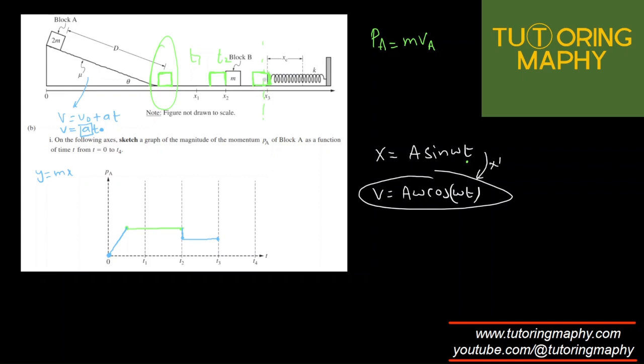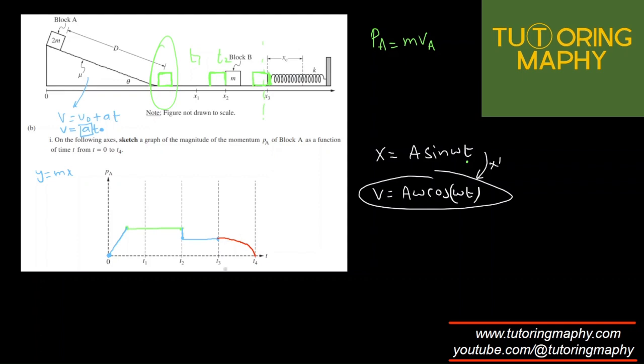So this is what we have. Initially the velocity is maximum and then it goes to zero, following a cosine curve. The cosine curve obviously looks like this, and we are only interested in this portion. It's going to be at the maximum, but following the cosine curve, it's going to decrease and eventually come to zero.